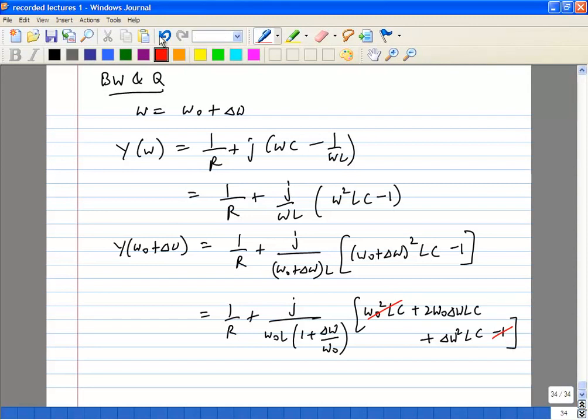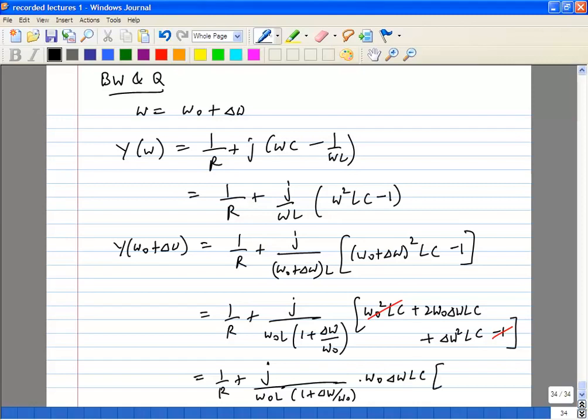Okay. Then we'll take out some common factors: omega naught, delta omega, and LC.